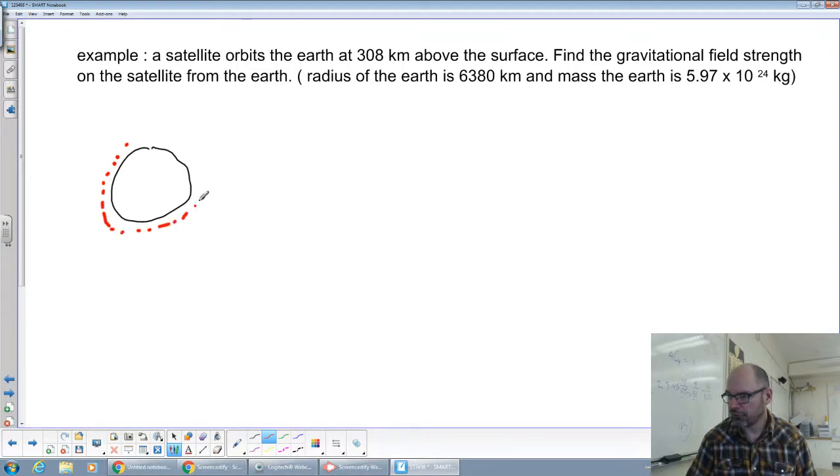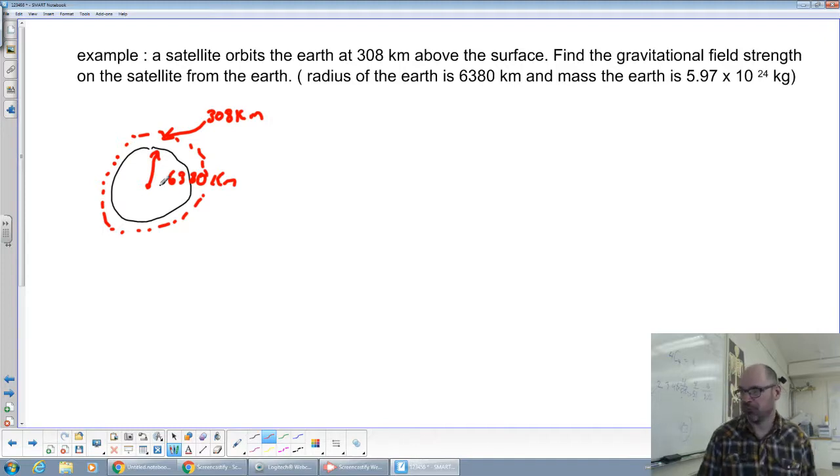There's the satellite around the Earth. There's the radius of the Earth as well.